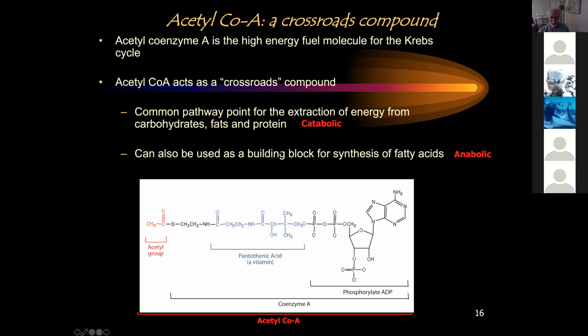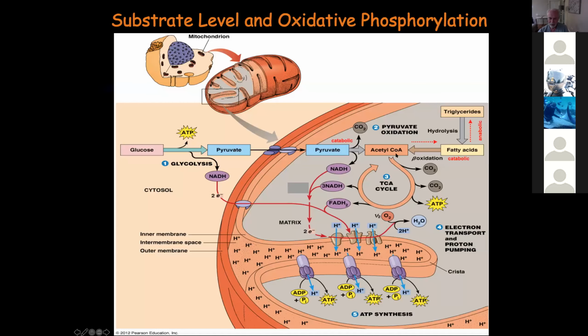It can also be used as a building block for synthesis of fatty acids, and in that sense, it's anabolic. So that's what I was trying to tell you in this slide. This pathway can run either forward or backward, depending on your diet. If your diet is just right, you end up just making ATP. If you're getting too much food, you're making fat. If you're not getting enough food, you're hydrolyzing fat.